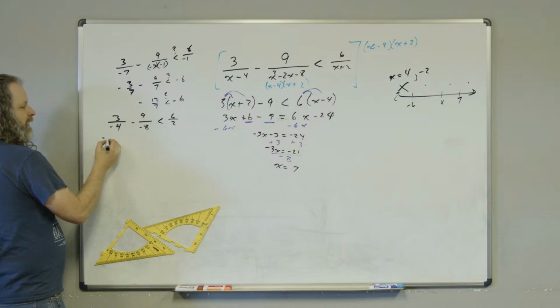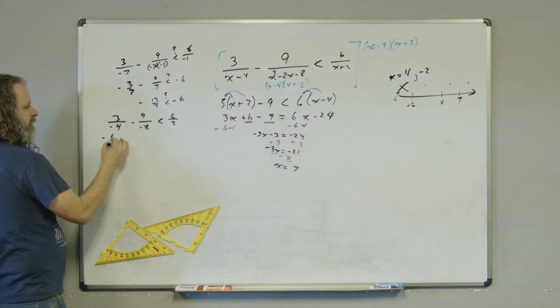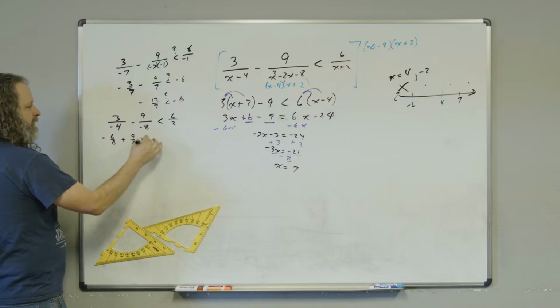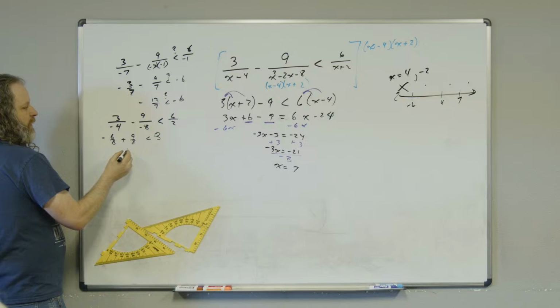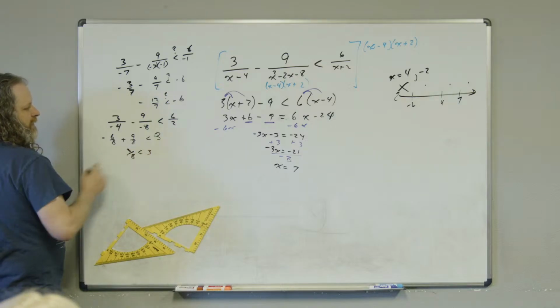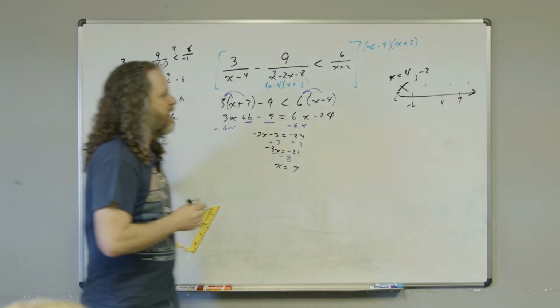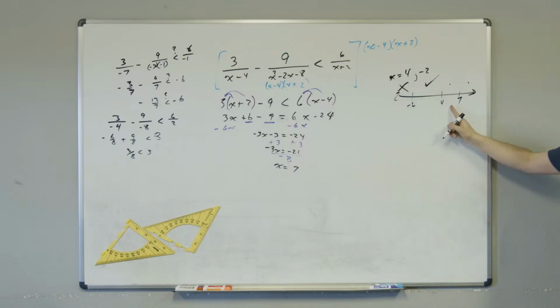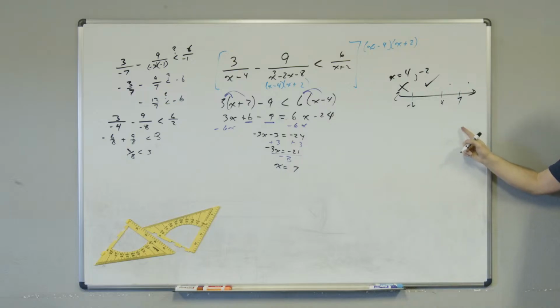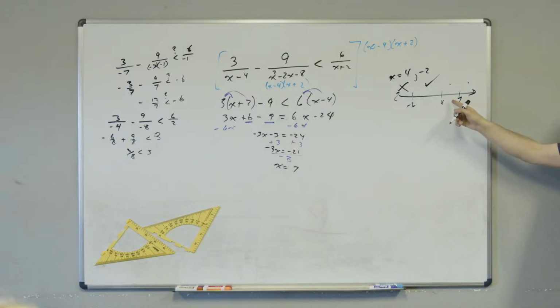So it's negative 6/8 plus 9/8. Is that less than 3? So is 3/8 less than 3? Yes, it works over here. So now we need to check over here. I will save us the time and trouble because we're trying to get to as many questions as we can. It doesn't work here, and it does work here.